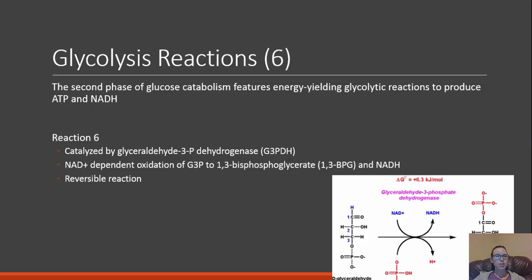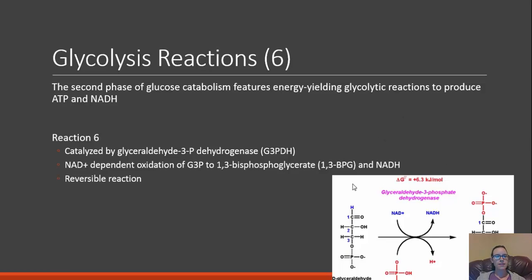Our next reaction is the second phase of glucose catabolism. In our first phase, we used ATP. That was the ATP investment. In the second stage, we're actually yielding energy to produce ATP and NADH. So this is the first energy yielding step.